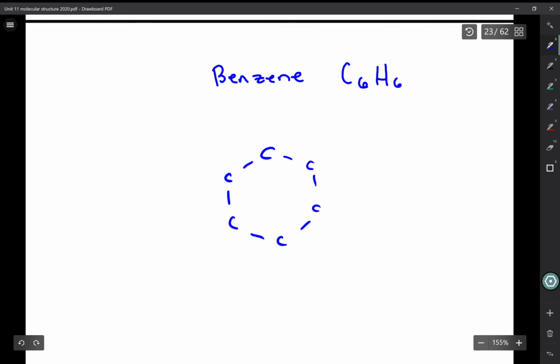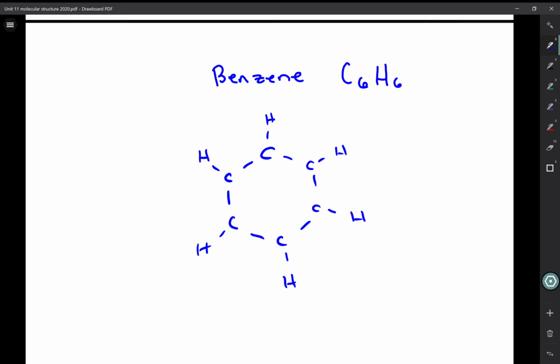So there's your 6 carbons in a circle, and we have 6 H's attached, one to each. As you see here, carbon is supposed to have a total of 4 bonds, but only has 3. So everything else is filled with double bonds. We'll put one there, we'll put one there, and we'll put one there. Perfect.